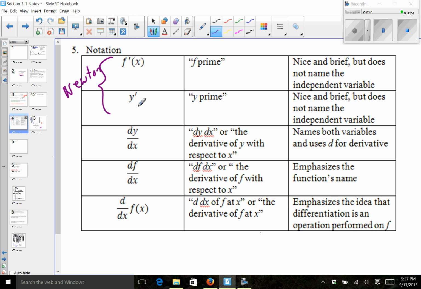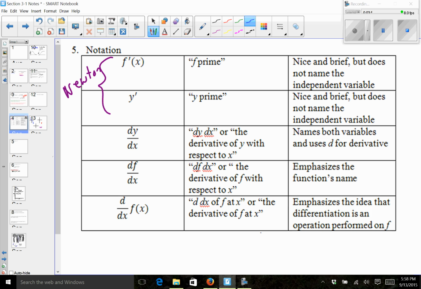This would be y prime. Advantages to this, and especially initially, this is a very popular notation, is it's quick to write, it's quick to say. Disadvantage is it doesn't tell us the independent variable, which will come in handy in the second semester when we start doing these backwards. We need to know what the independent variable is.